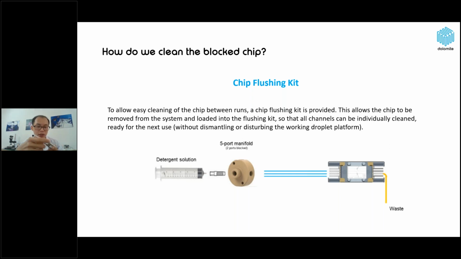After the experiment is finished, just take the chip out of the experiment system and assemble it in this flushing kit. Then you just use the solvent to flush it out at high speed or high velocity. By repeating the process, you can remove all the contaminants and ingredients from the chip with the solvent.